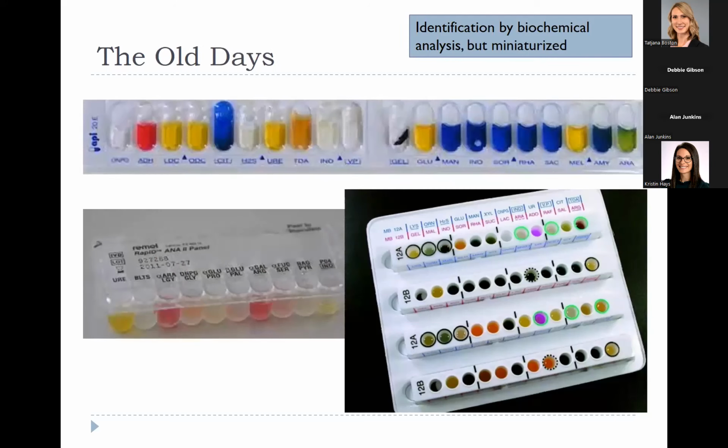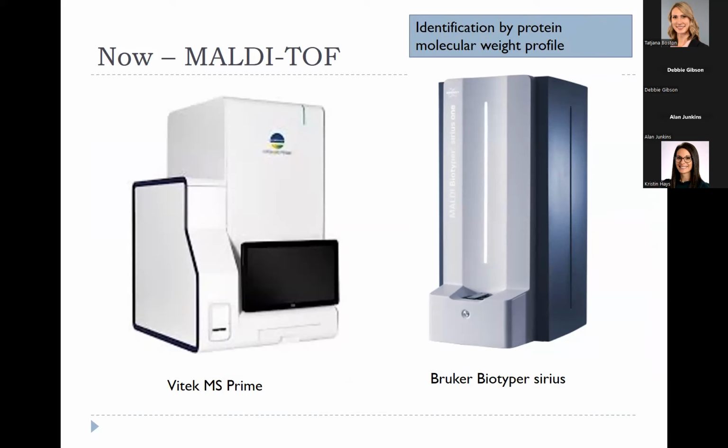Then about 10 years ago, there was a complete change, a complete revolution, a completely new way of doing it: looking at the molecular weight of the proteins present in that organism. That was this system right here, called MALDI-TOF. I'll go ahead and say what it stands for.